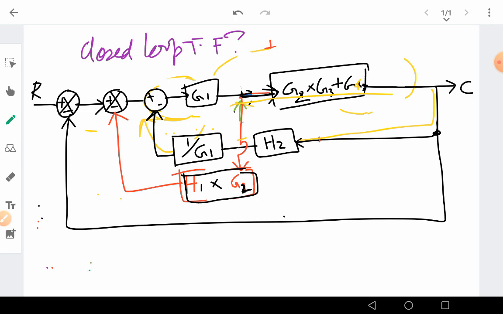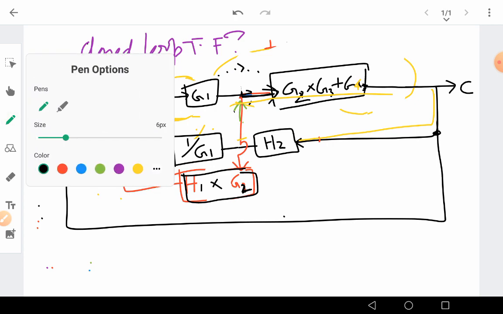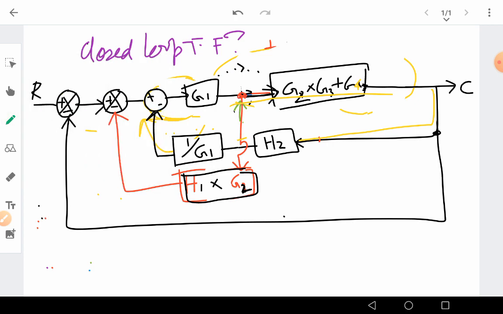Now what is the advantage? The advantage is that G1 came near these other gains, and right now if we eliminate the red feedback loop, you can see one thing, if we exchange these two summing blocks, we can have a complete feedback loop.